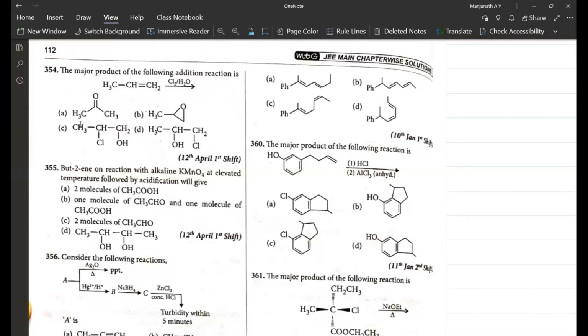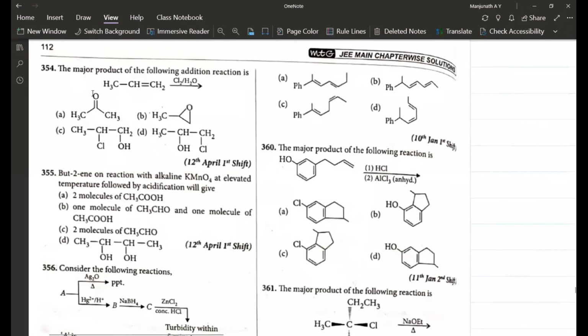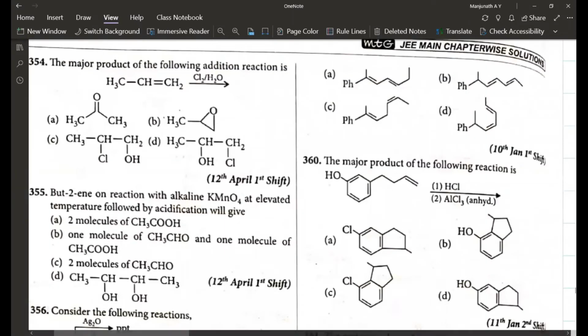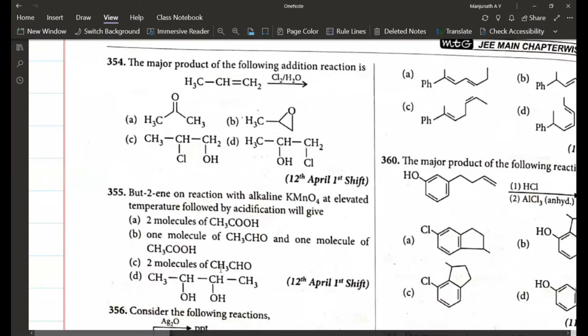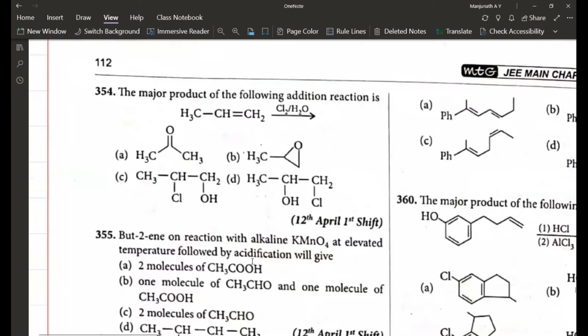They are very good questions. You are all able to see, no? 354. Should I zoom? Further zoom has no meaning actually, this much is sufficient.